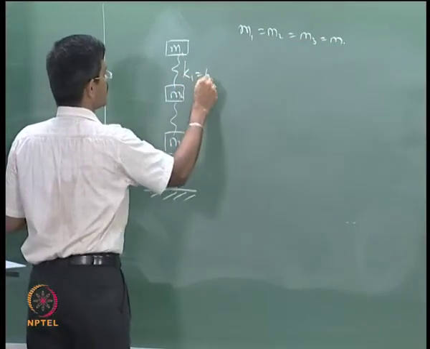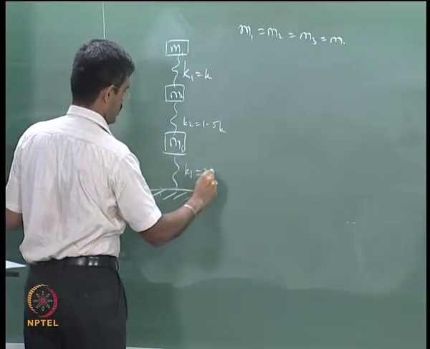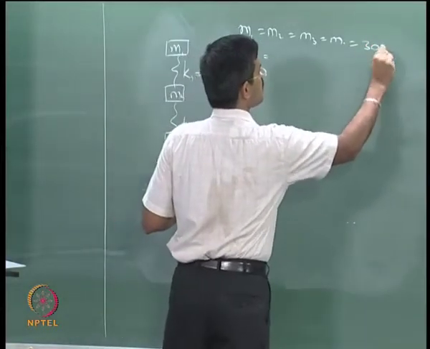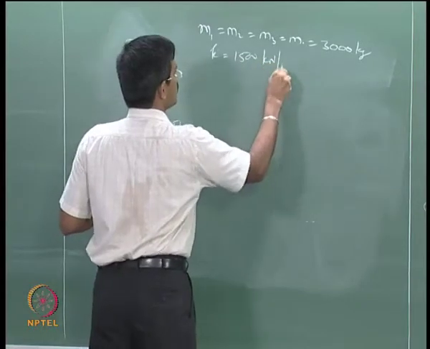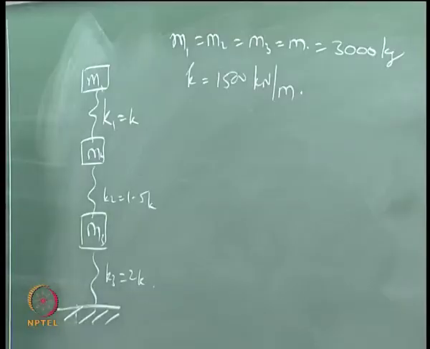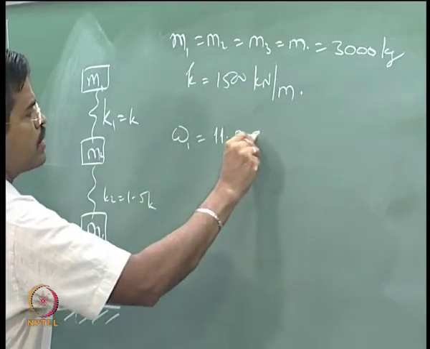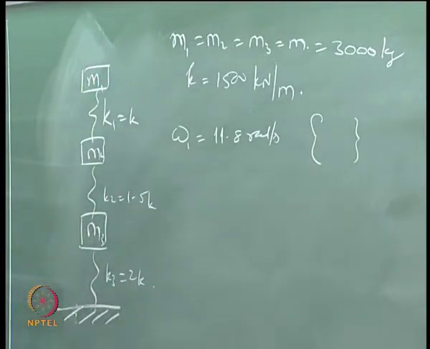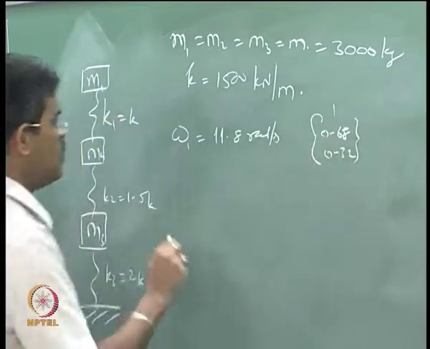This is k1, this is k2 and this is k3, where m is 3000 kg and k is 1500 kilonewton per meter. So, for this we already know omega 1 is 11.8 radians per second and phi 1 was 1, 1.68 and 0.32.